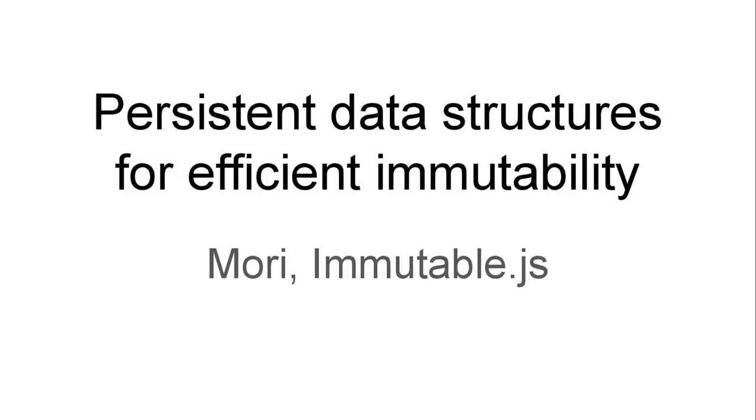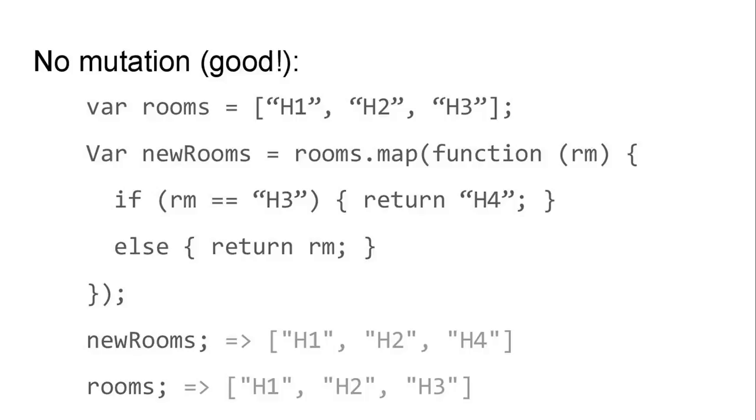The problem with immutability is that when you're treating arrays and things like that as immutable, what you end up doing is making new copies of everything. So if I want to change my one room in this list, I have to make a whole new array. When you're dealing with short little things like this, maybe that's not a big deal. But as your objects get bigger and more complex, this can give you efficiency problems.